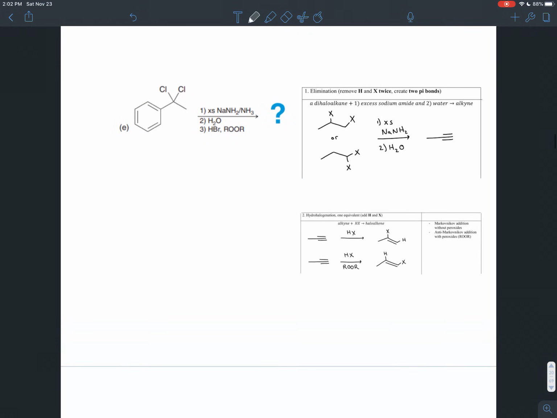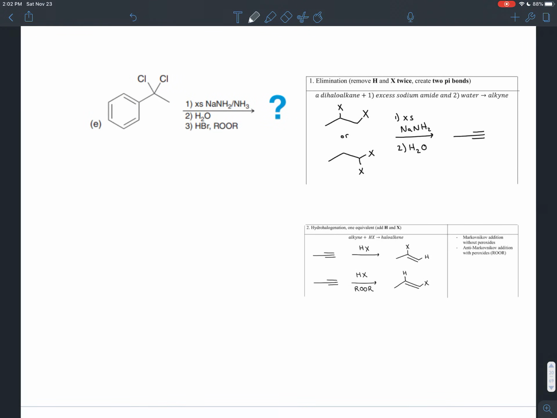Okay, let's try E. Now with E, we're combining these reactions. You see this molecule here, you see 2 halogens, and so you're thinking, elimination, or maybe substitution. But I could do either of those twice, because I have good leaving groups. When you look at your recipe, you see a lot of stuff. The first thing you'd see is that you have a strong base followed by water.